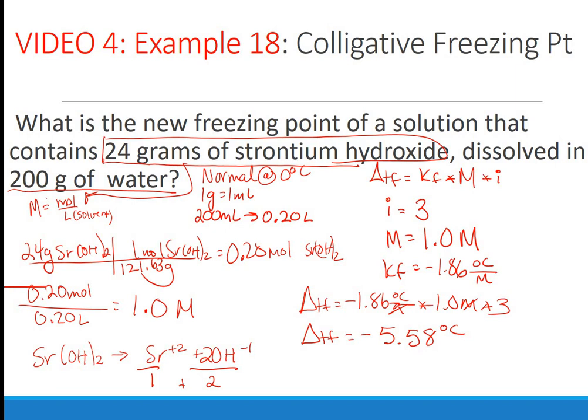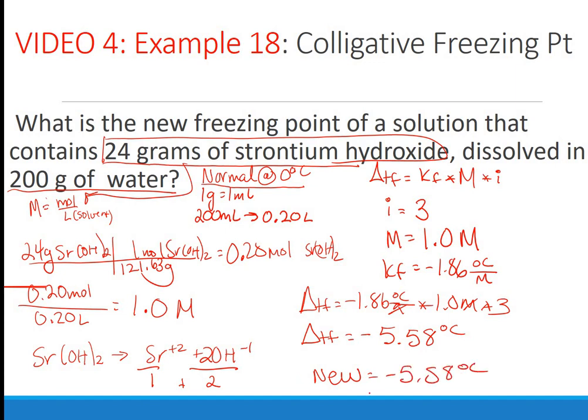So then we calculate it out. So we know our temperature is going to decrease by 5.58. Well, if we look, our normal freezing point is 0. So if it normally freezes at 0 and we're subtracting 5.58, our new freezing point is going to still be negative 5.58.